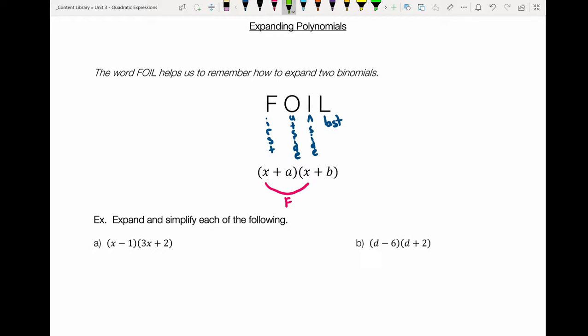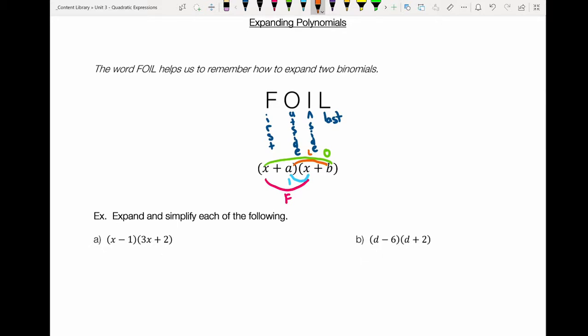I'm then going to multiply my two outside numbers, right? So the x is on the outside, the b is on the outside. Inside, I'm going to multiply the two that are on the inside, and then I'm going to multiply my last, so the last two numbers in each binomial. So that's basically what FOIL means.